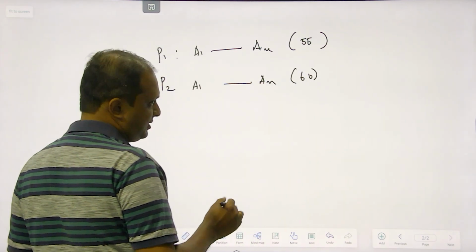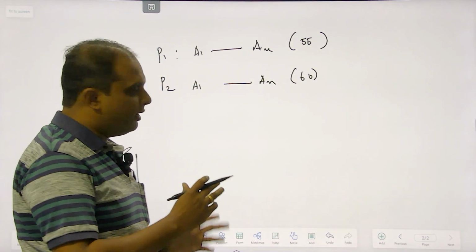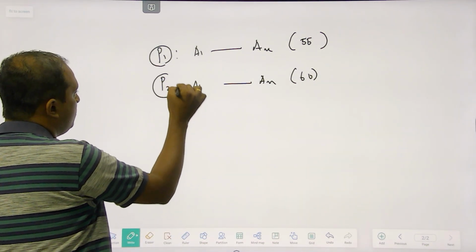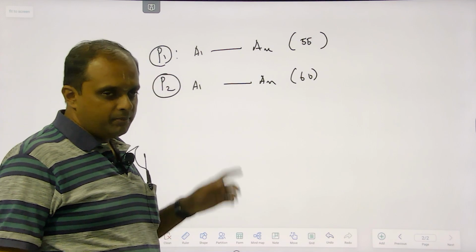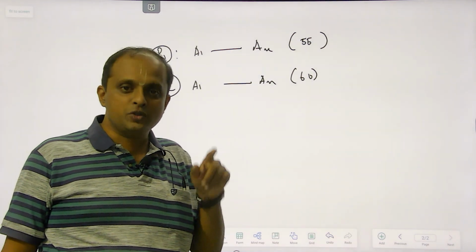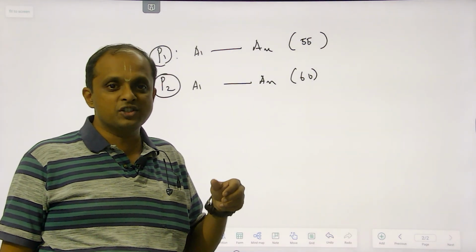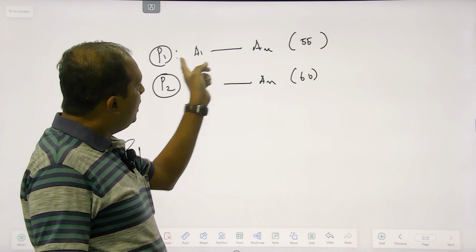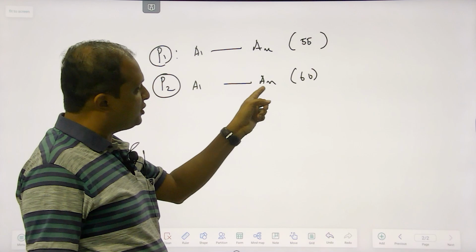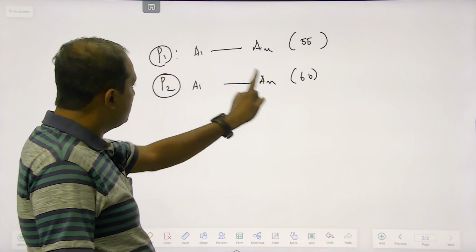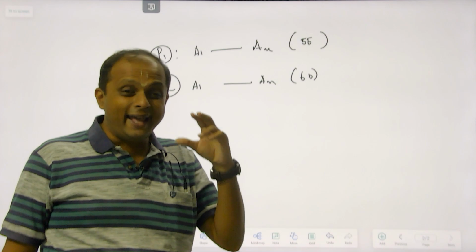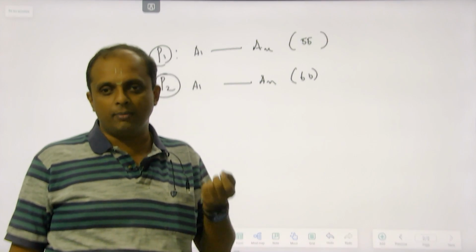As I said, the length is going to define what P1 is and what P2 is, because P1 is also a protein, P2 is also a protein, and both are made up of amino acids. So what factor determines this? This is made up of 55, this is made up of 60. So 55 is unique for P1, 60 is unique for P2. Right, hope this concept is clear. So the length of the peptide chain varies from protein to protein.